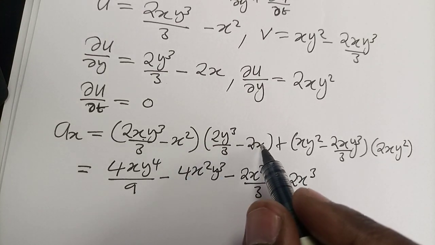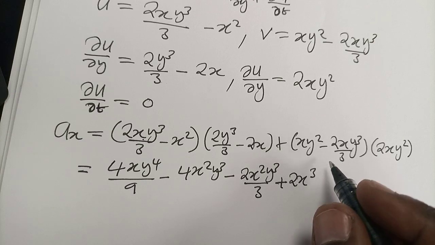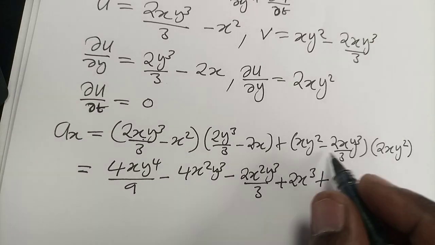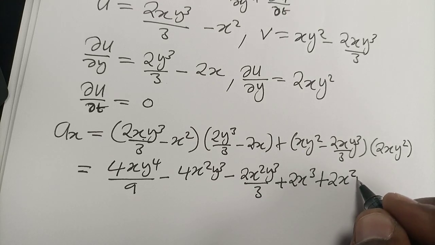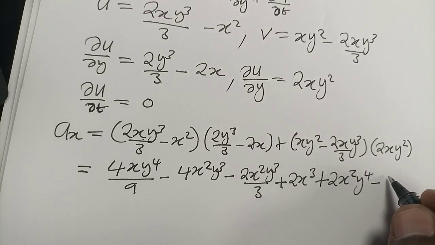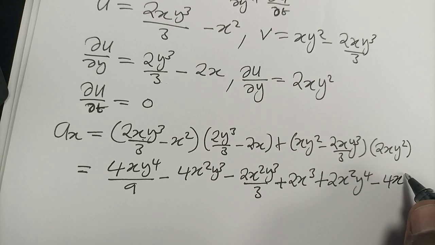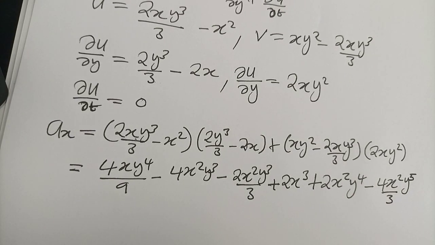This is the first expansion here. Then plus, expanding this, we should have 2x squared y^4 minus 4x squared y^5 over 3. Then you can simplify according to what is common in the power 4 terms.